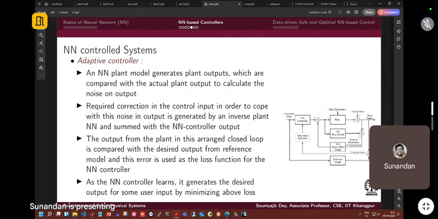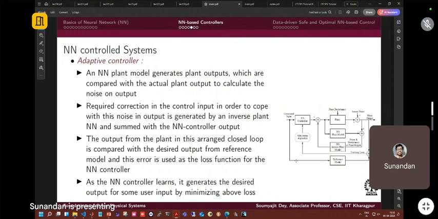It is adding its own value to the value that the actual plant is producing and sending that to the inverse plant model, so that it can find out what is the correction in the input that this NN-based controller has to produce, and adding that while the NN-based controller is sending some input to the plant.